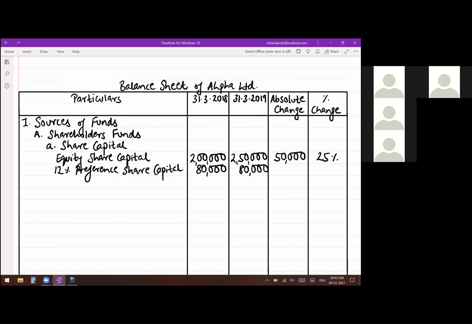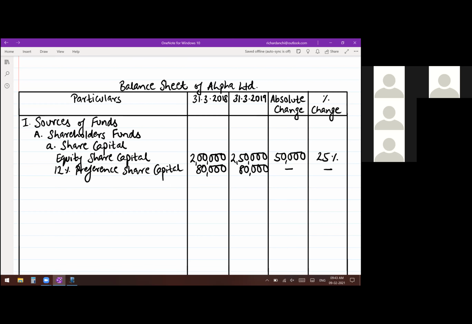There is no change in the preference share capital. So just write dash in both columns. The amount has not changed at all.